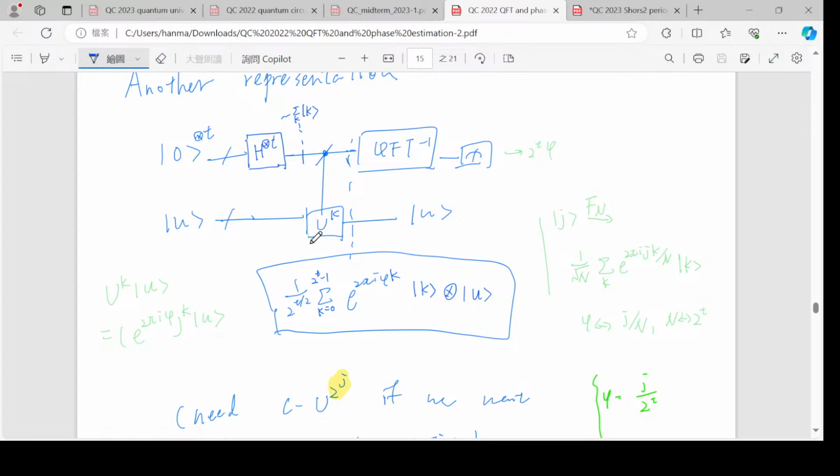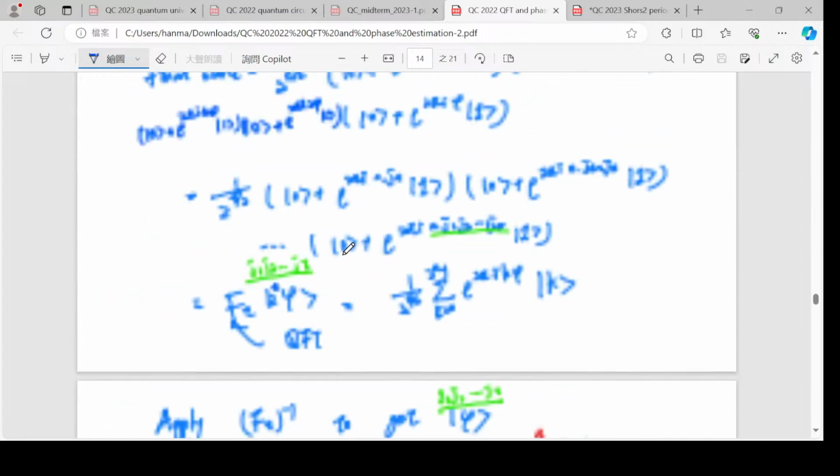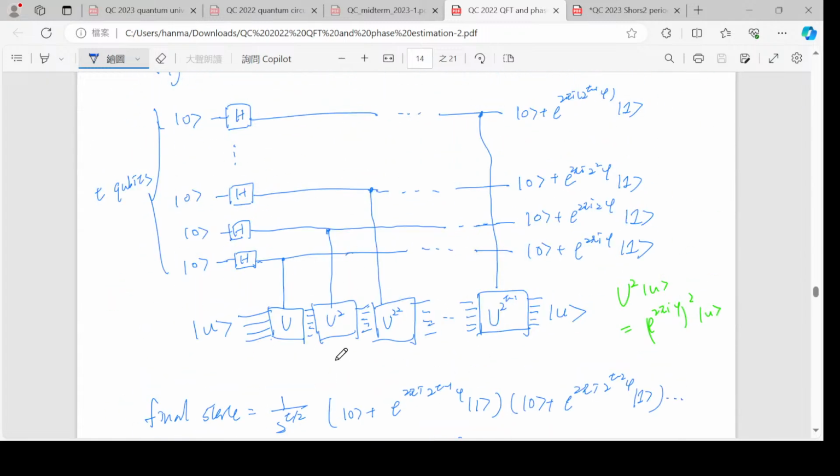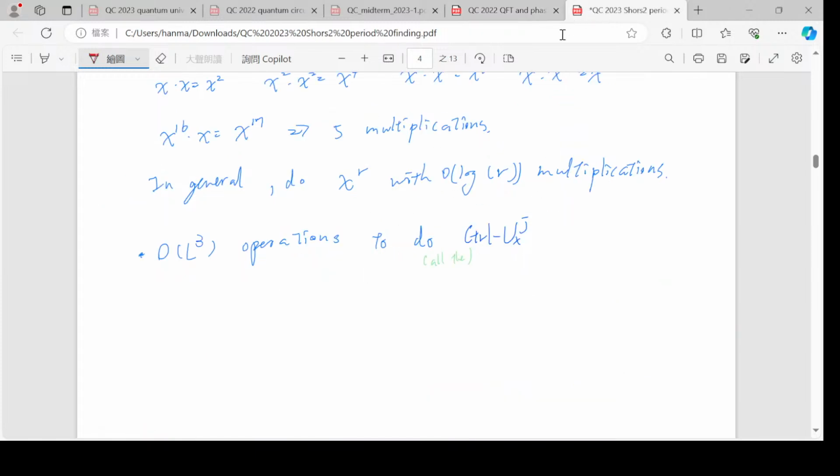Because here, if you do the control u, so it's basically this thing here. If you do every control u one by one, then you need 2 to the t control u here. But if you can do this thing with repeated squaring, then this only needs order t calculations in control u, and so that's much faster.